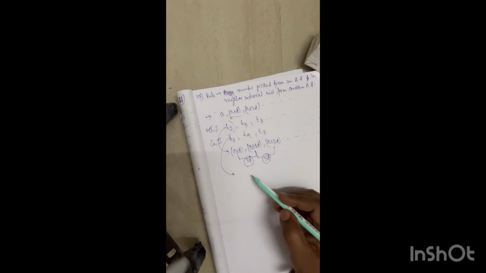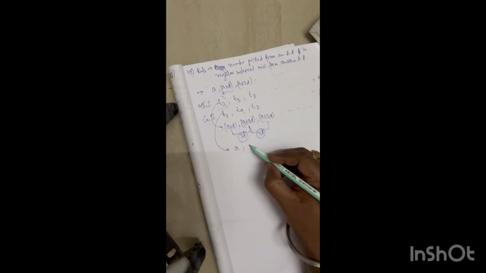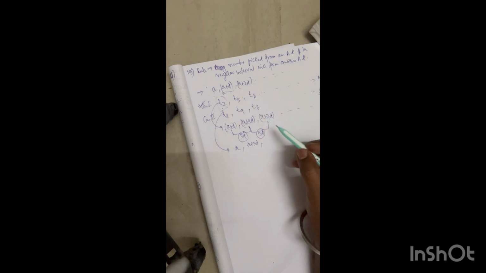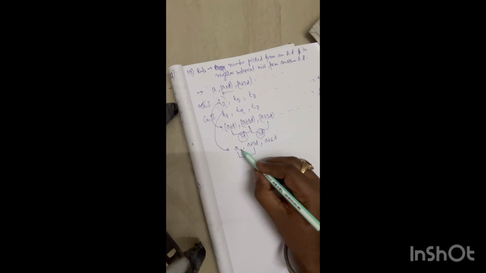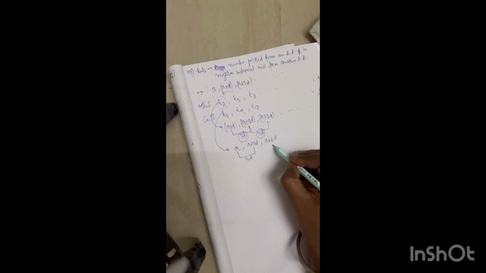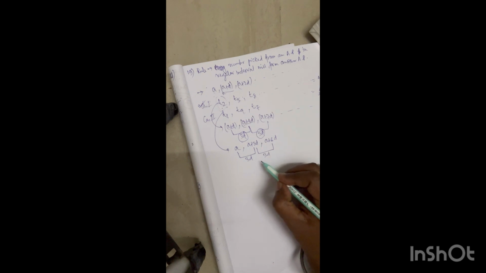If I go with the second case, T1 is your a, T4 is a plus 3d, and T7 is your a plus 6d. For this case also, I will get 3d as the common difference.